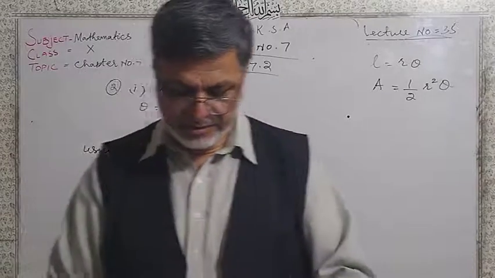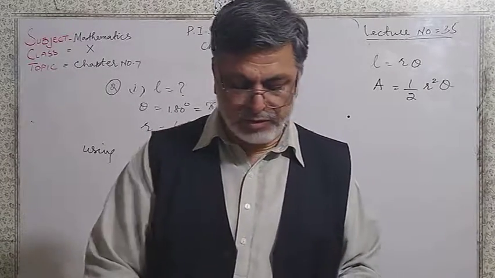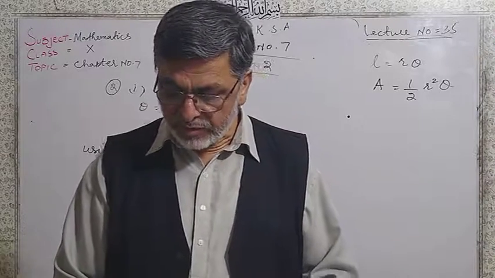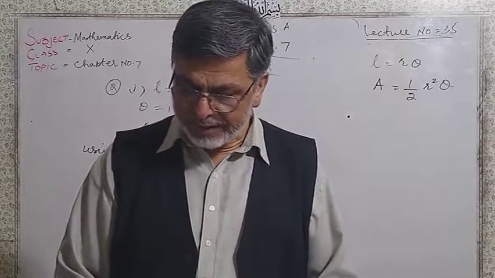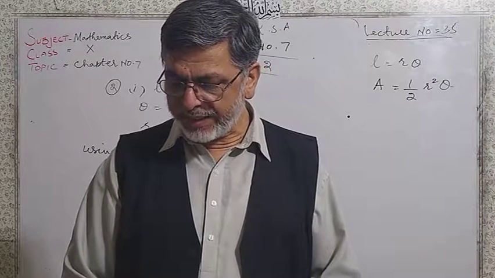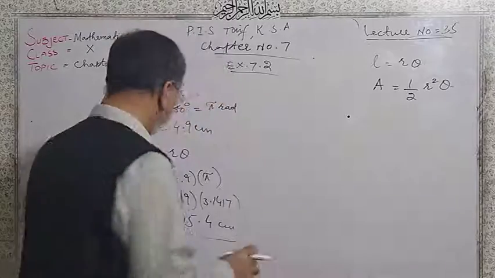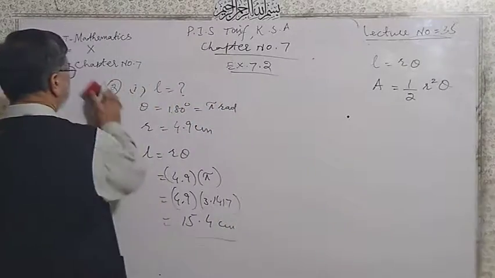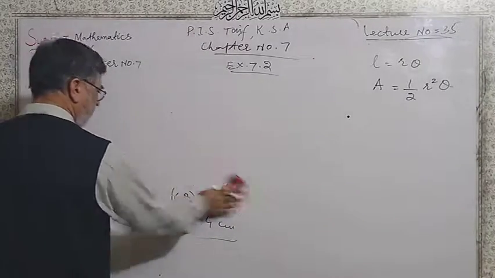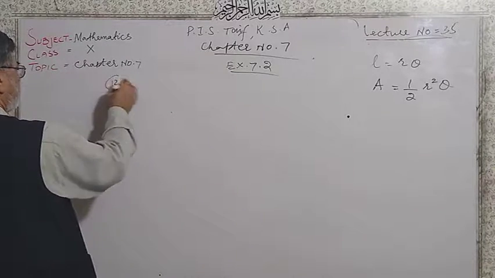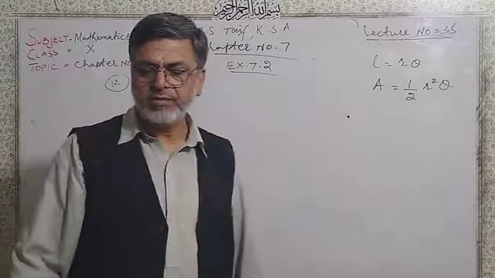After that, I hope that you can do your question number 3. Dear students, after that we have question number 12 and 13. Find the area of sector whose central angle is pi by 5 radian. Question number 12.